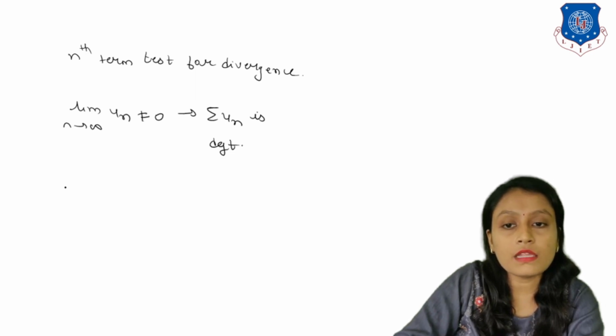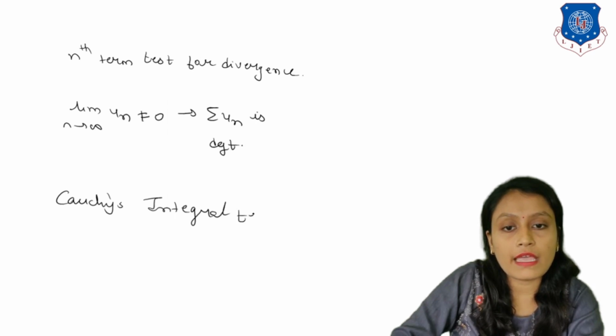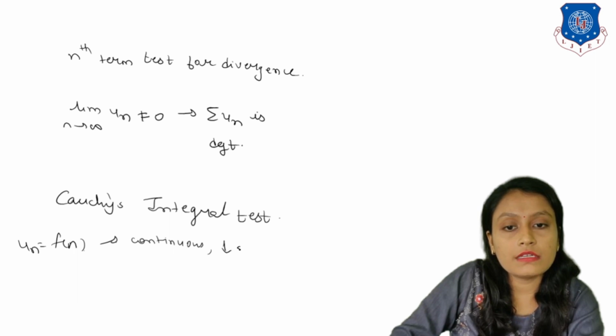Next we studied this Cauchy's integral test. So what we have here, this un is f of n, right? And this f of n should be a continuous, decreasing and positive function.